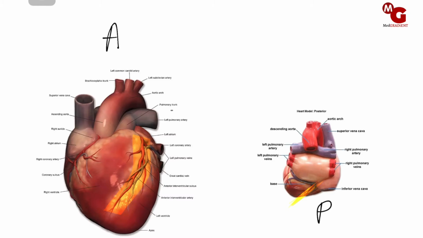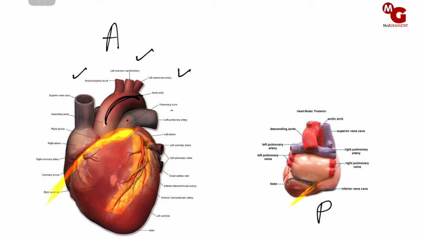Now there's another groove that is called the coronary sulcus. It runs over here, right? Now there are three vessels that leave the arc of aorta, that is the brachiocephalic trunk, the left common carotid artery, and the left subclavian artery, right?